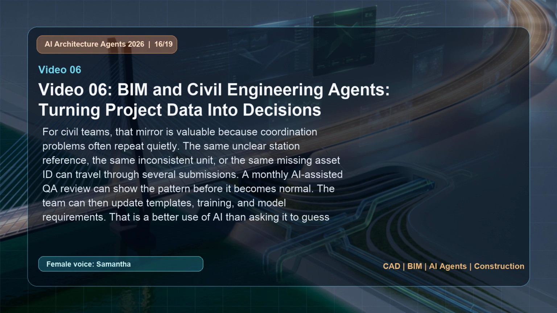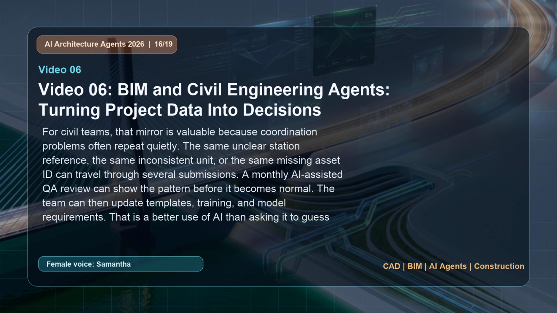For civil teams, that mirror is valuable because coordination problems often repeat quietly. The same unclear station reference, the same inconsistent unit, or the same missing asset ID can travel through several submissions. A monthly AI-assisted QA review can show the pattern before it becomes normal. The team can then update templates, training, and model requirements.